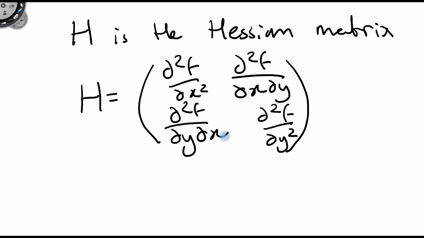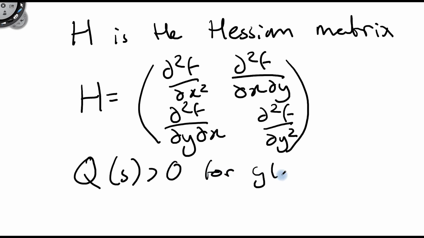And that's enough for this little video. The key question is, we've had this result, Q of S is greater than 0 for a global minimum, which is our quadratic form.